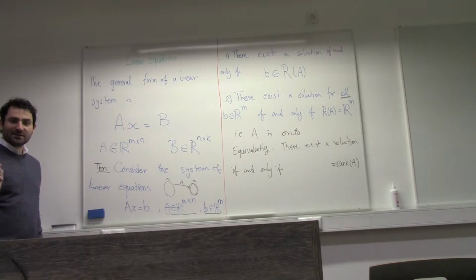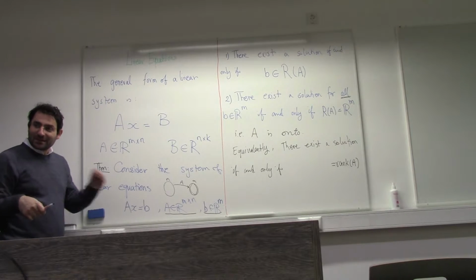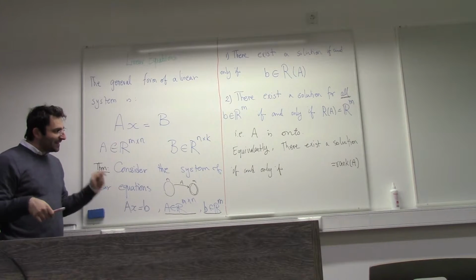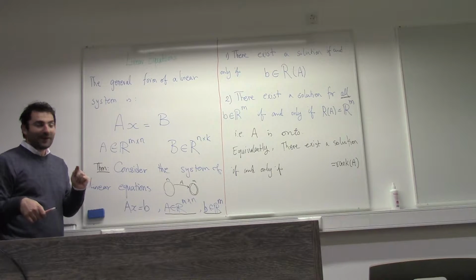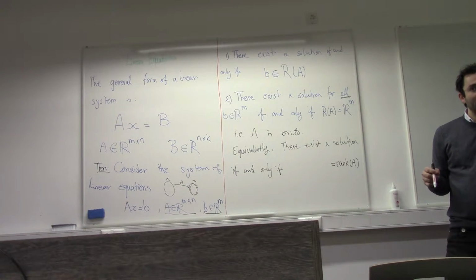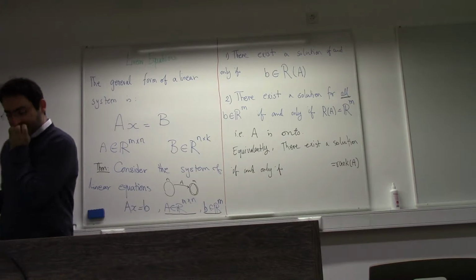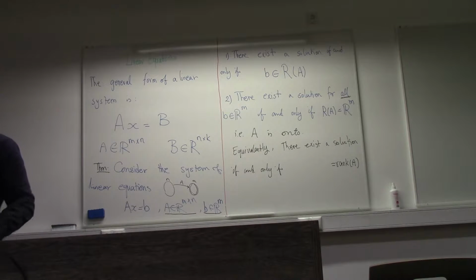I'll give you time to write. Just let's answer my question first. We had this, Ax is equal to b. And we said it has a solution if and only if something is equal to rank A. The dimensionality of the range of A. That's true, the dimensionality should be rank of A, but there is something else.